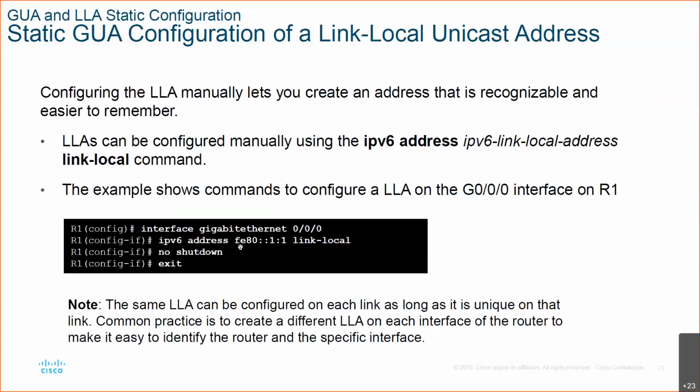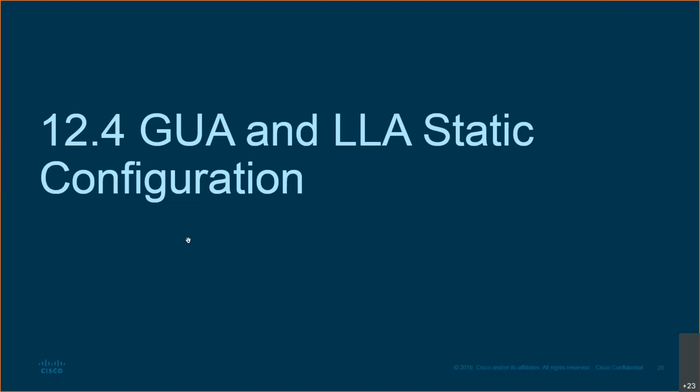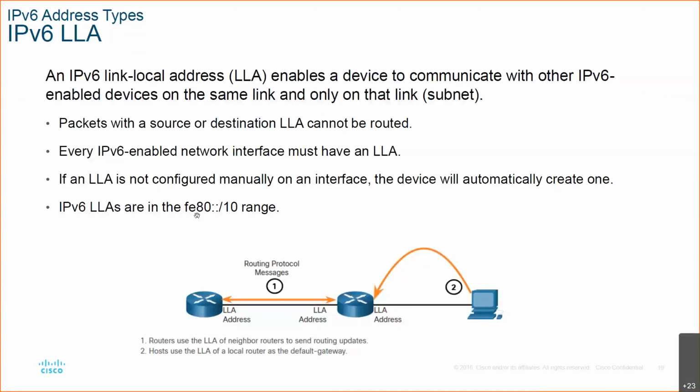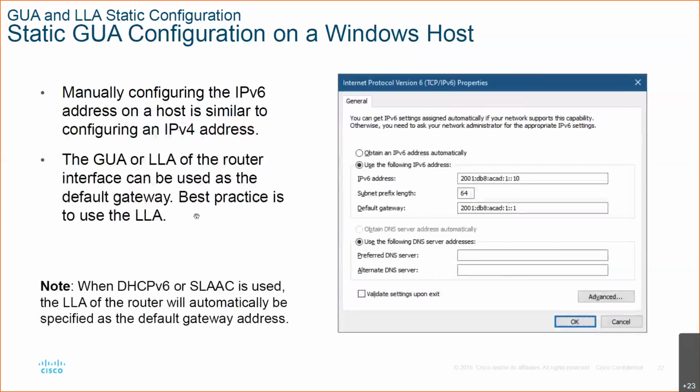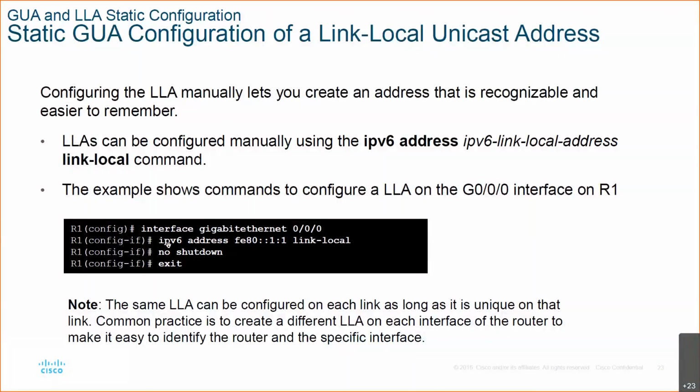Remember your link local address range? You have to give exactly that range. So you say ipv6 address FE80::1/1. So here is your link local address.